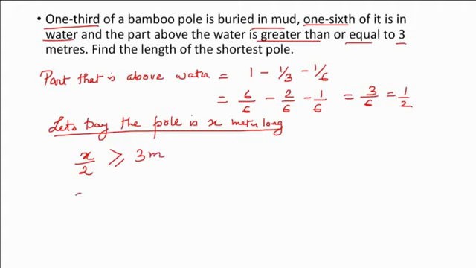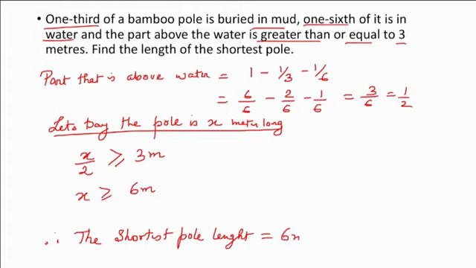So x over 2 greater than or equal to 3, or x must be greater than or equal to 6 meters. Since the length can be 6 meters or more than 6 meters, the shortest pole length would be 6 meters. I hope that is clear to you.